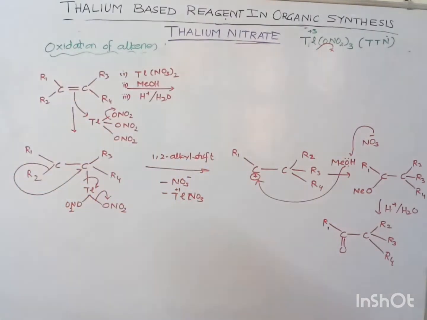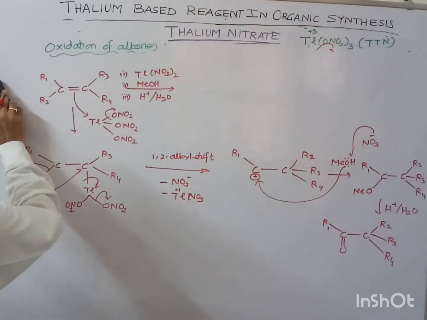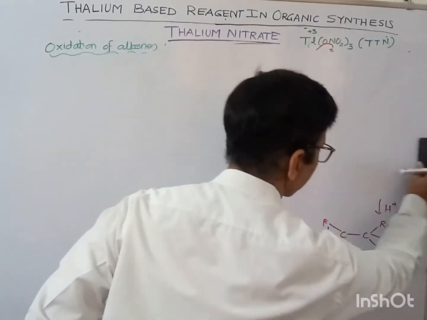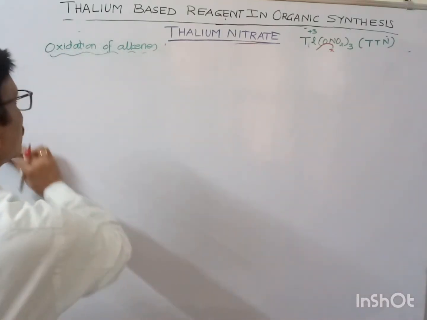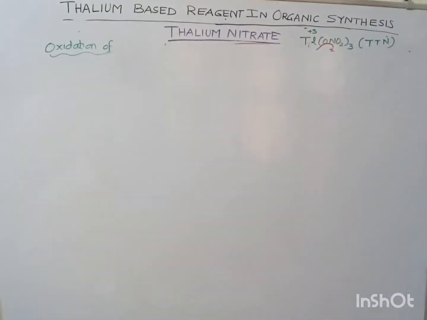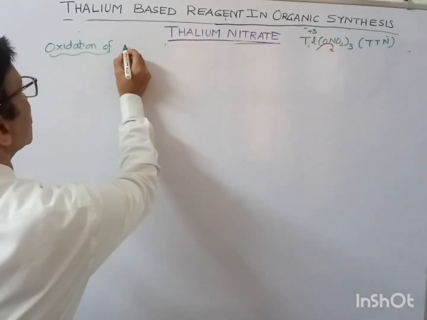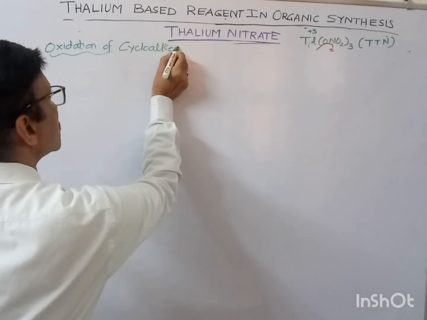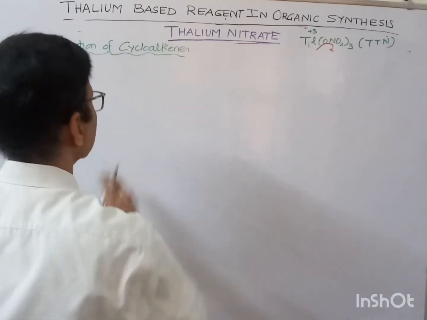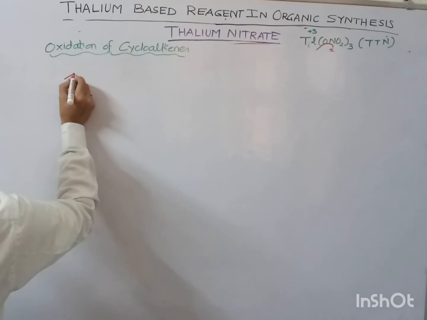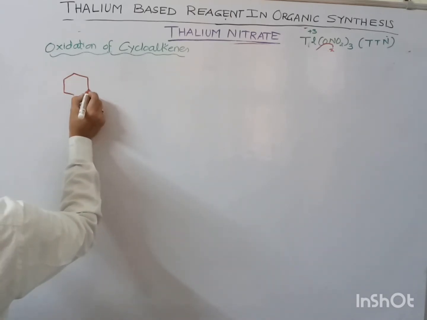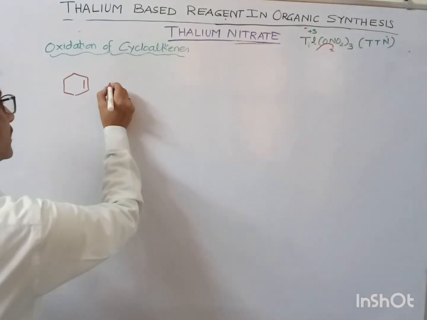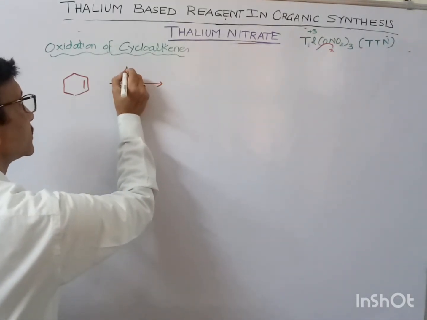Now let's see the reaction of cycloalkenes. Let's take an example of a cycloalkene. How will the thallium nitrate oxidize it?